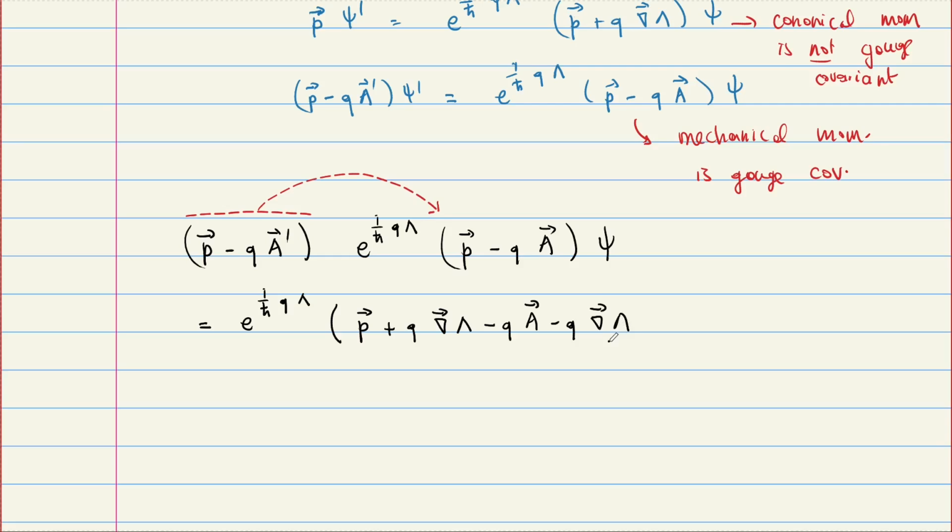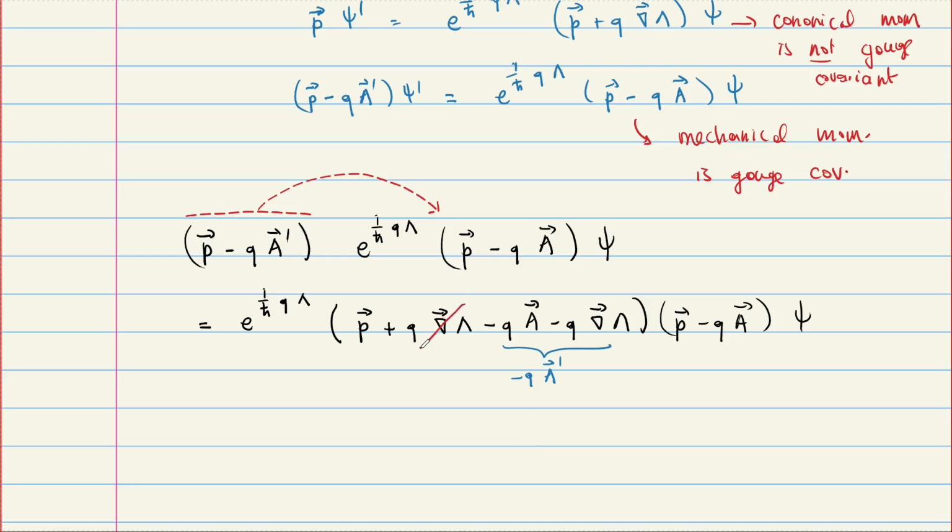I remind you this piece is minus q a prime, and what remains here is this vector p minus q a and psi.